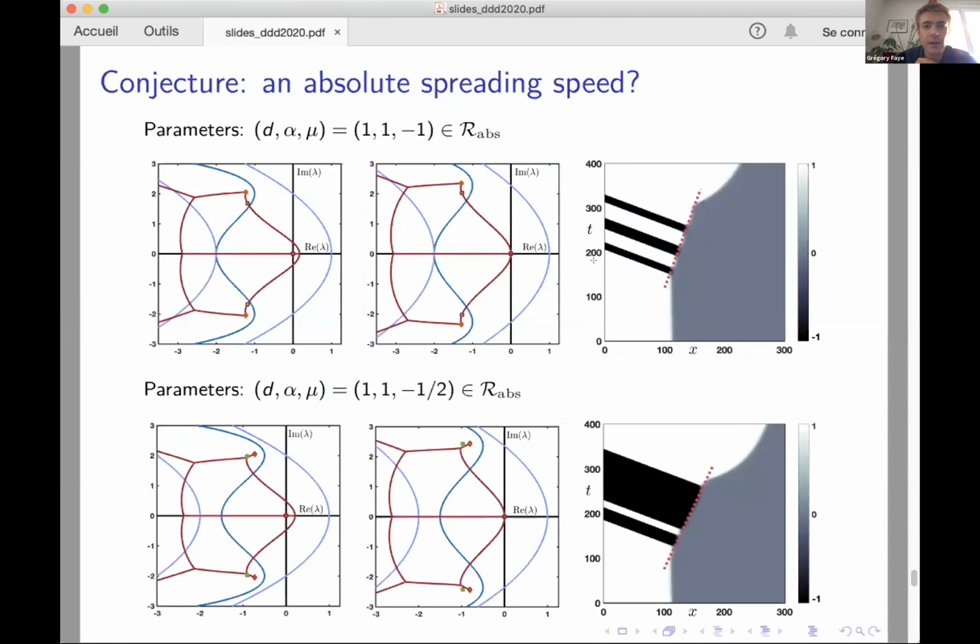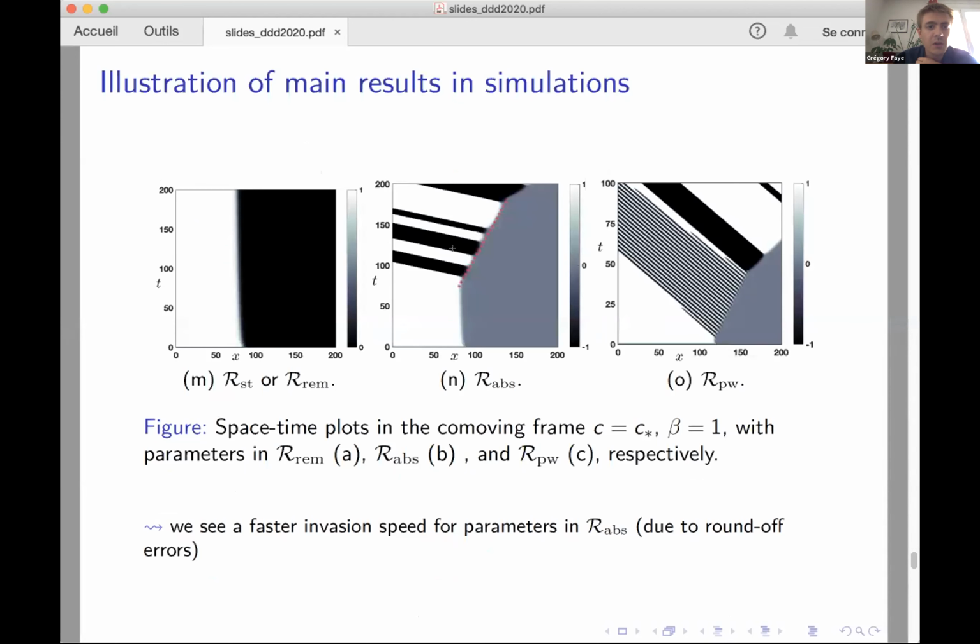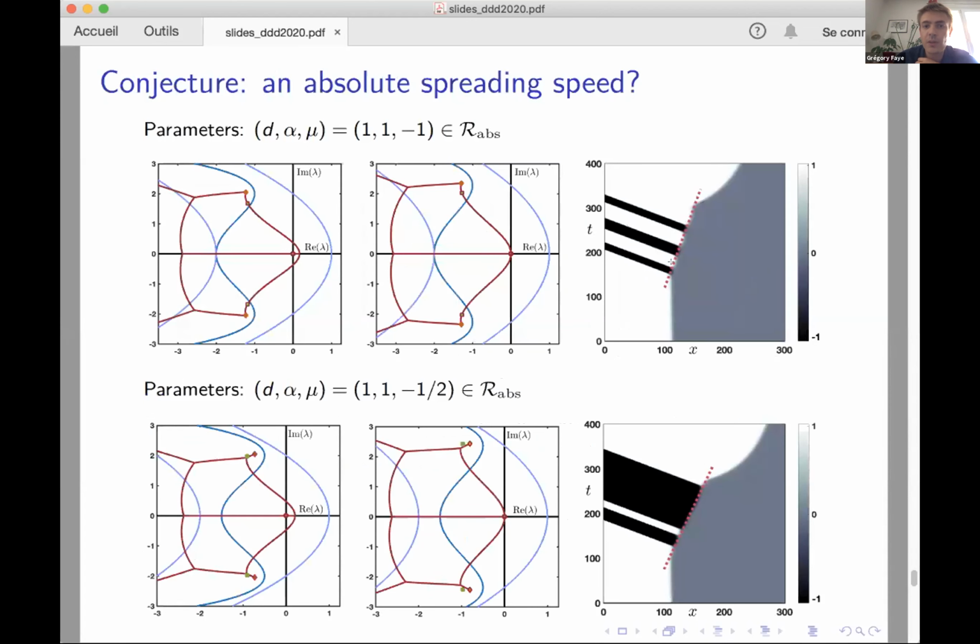We're in this situation where, in dark red, this is the absolute spectrum of the problem. So you see it's unstable here. And in numerics, we see that after some transient of time, the front becomes unstable with a faster invasion front.